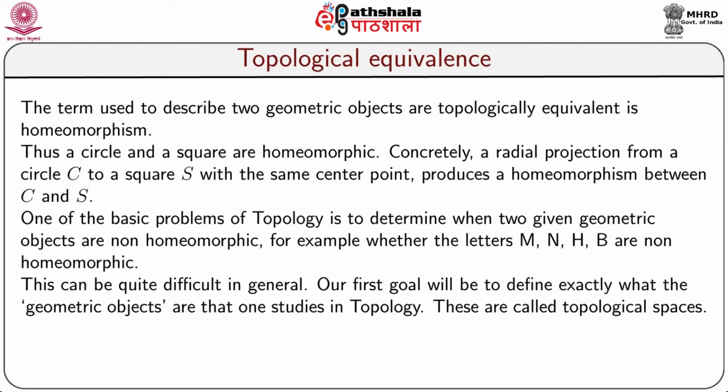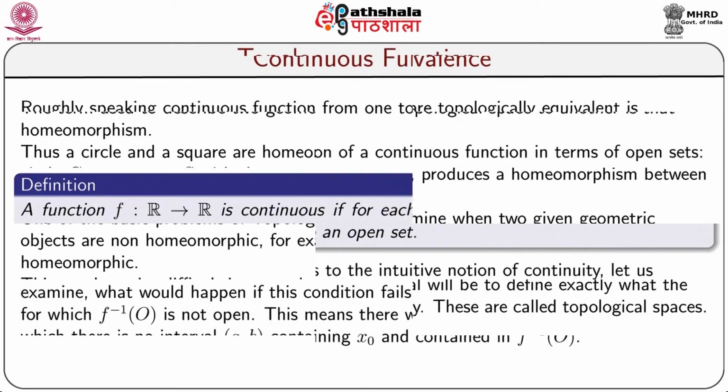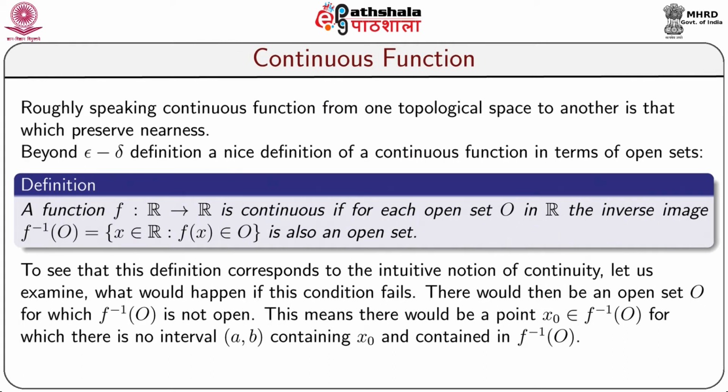In general, it can be quite difficult to decide whether two topological spaces are equivalent or not. To show that two topological spaces are not equivalent requires harder work. But to get the proper notion of topological spaces, first we have to get a proper notion of continuity. So, let us start from elementary real analysis.